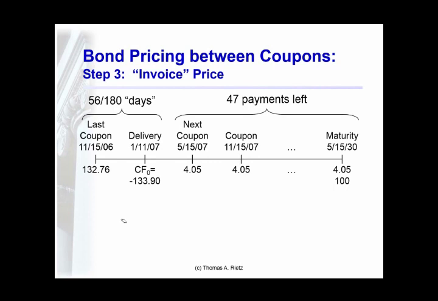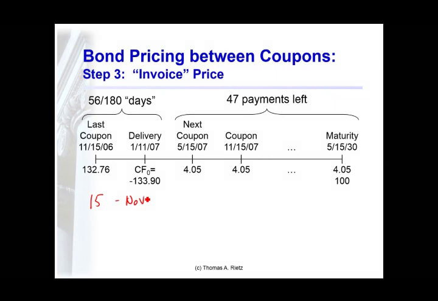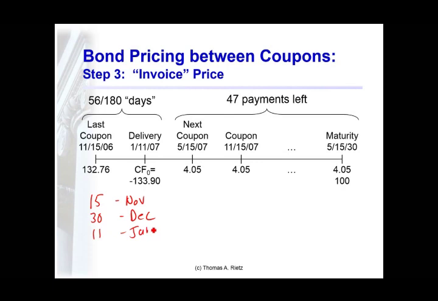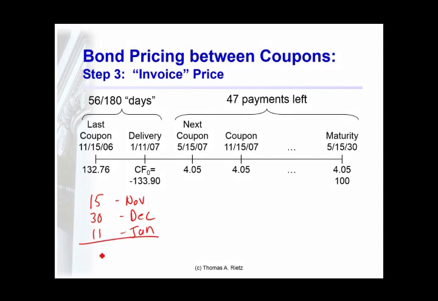But for this corporate bond that has a coupon payment on the 15th of November, the rest of November is 15 days, again assuming 30 days in a month. There are also 30 days in December by convention, and 11 days go by in January. That's 56 days gone by.